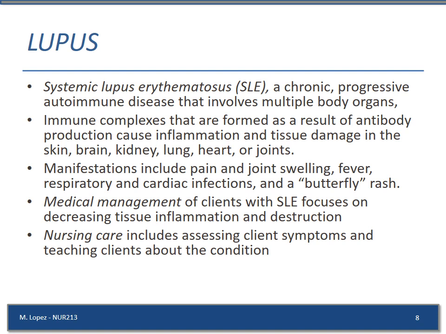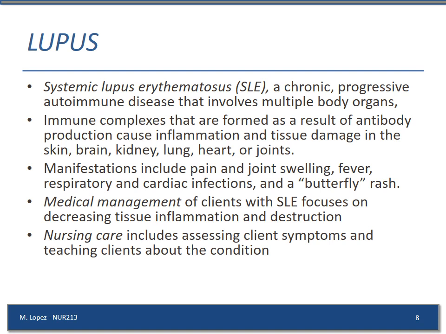Now with lupus, immune complexes are formed as a result of antibody production, and that causes inflammation and tissue damage. And this tissue damage can be extensive. It's basically anywhere in the body. Some common areas though are the skin, the brain, kidney, lung and heart, and joints.